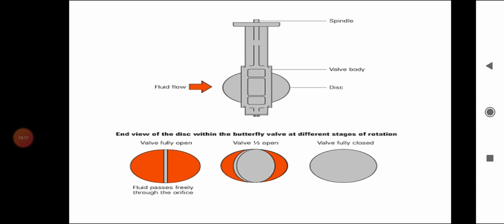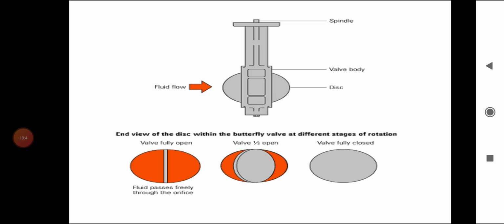That is, the disc opening is parallel to the pipe. Then the valve is allowed to be fully open. It allows the full flow.